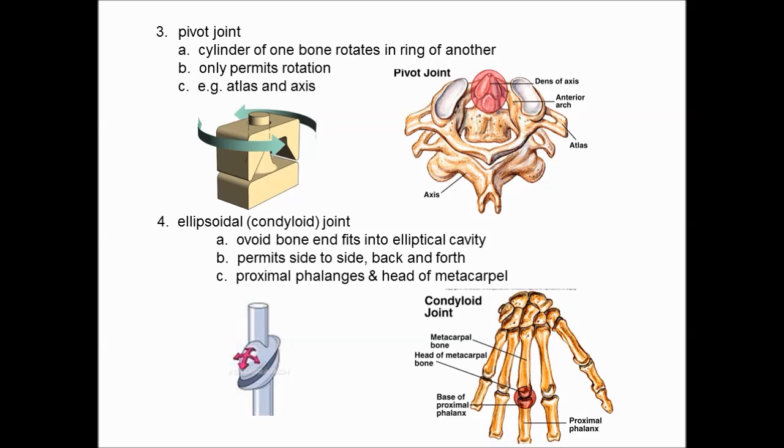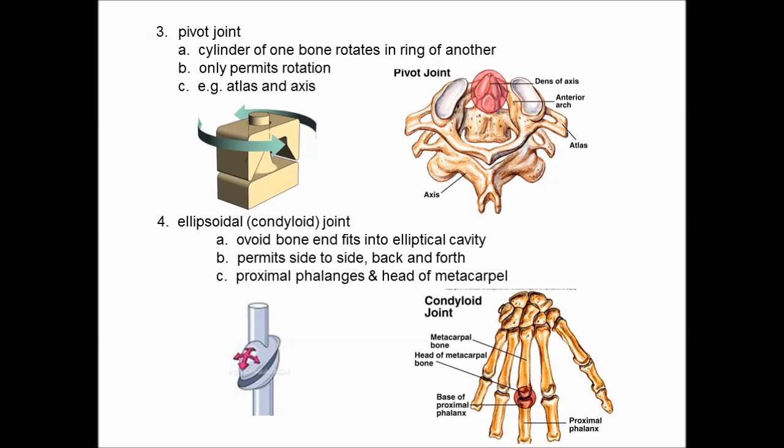This is only found in a couple of very restricted places, and the most common is the proximal phalanges and head of the metacarpal. So this is the most proximal phalange and the end of the knuckle, or the palm, the metacarpal. You can move your fingers and figure out what that is capable of, but it's called condyloid activity.